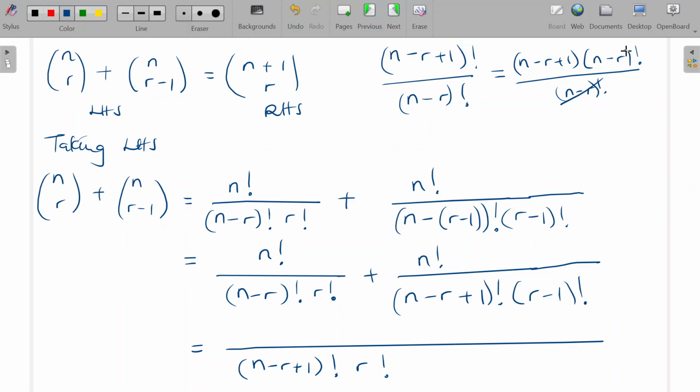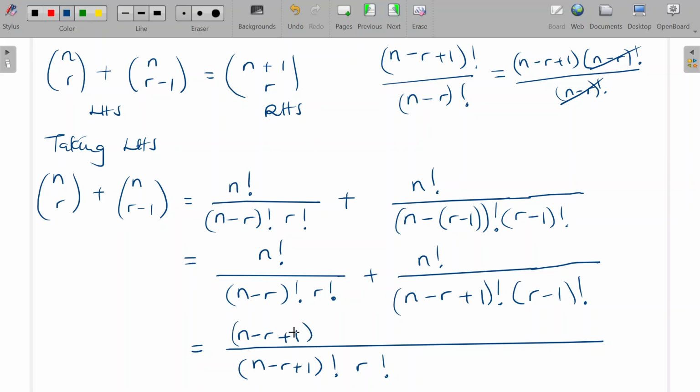Meaning that this one and this one are going to cancel, so when I divide this one into this one, what am I getting? N minus r plus 1. Yeah, so you're getting n minus r plus 1.